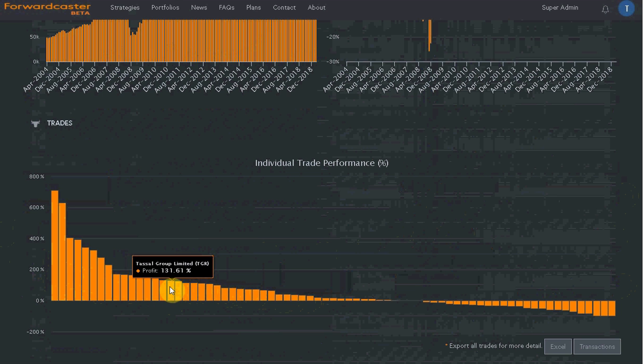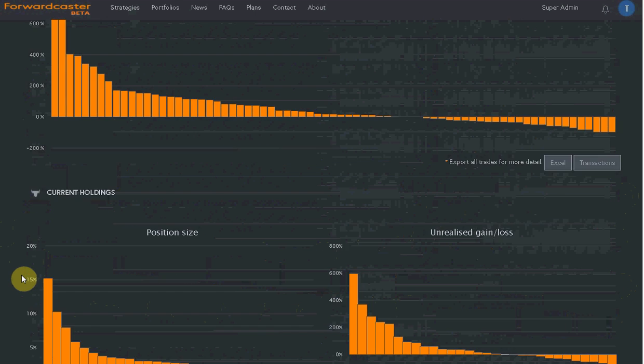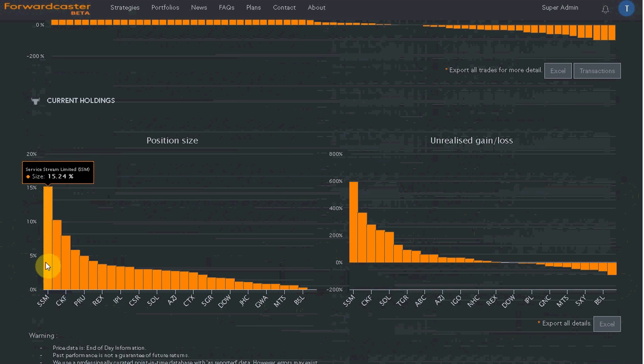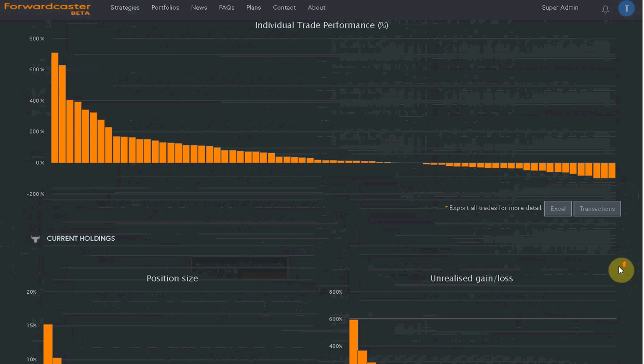There's some reasonably good consistent companies that have returned good results here, and not too many companies which have lost money. And then further down you can see what the position size allocation is in the portfolio when it's finished, and what the unrealized gains and losses are.